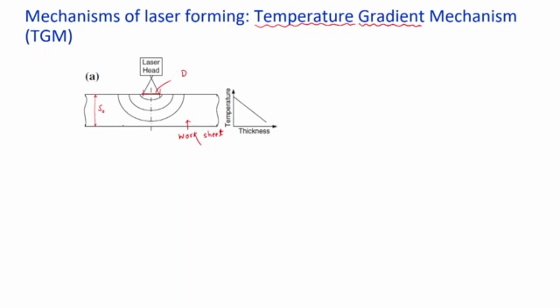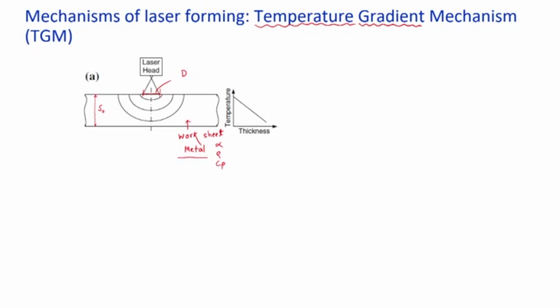Now, this work material is considered a metal and it is having thermal diffusivity of alpha, it is having density of rho, and it is having specific heat capacity Cp.